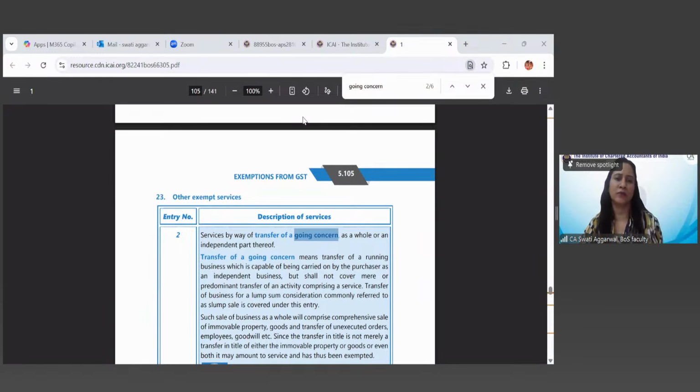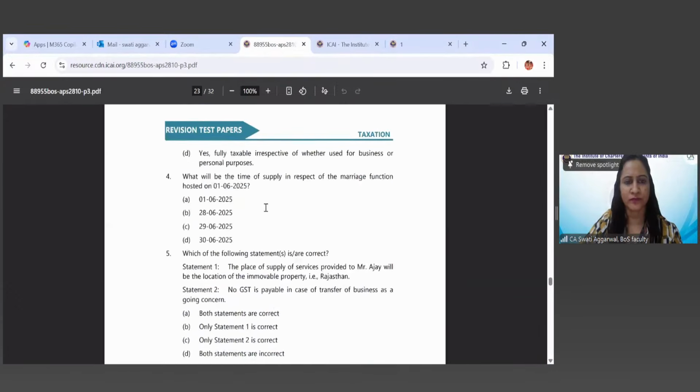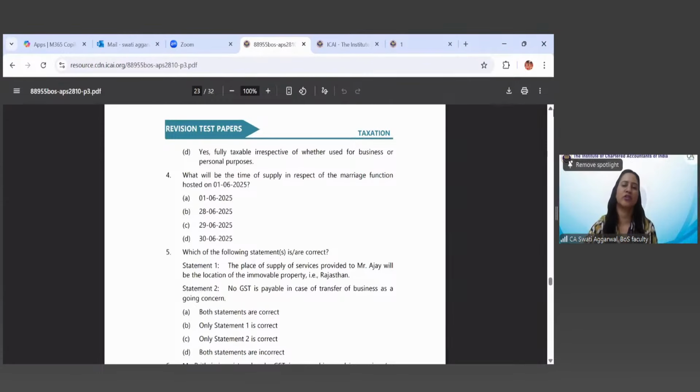So I hope students, Mustafa and everybody, now you are able to understand how to approach the case scenario. This was the question, which of the following statements is correct? This revision test paper has been web hosted yesterday only. We get a lot of queries from students because in MCQs, no reasoning is expected from students. And that's why I have deliberately taken this case scenario so that you are able to revise.